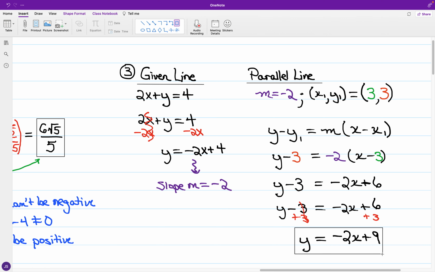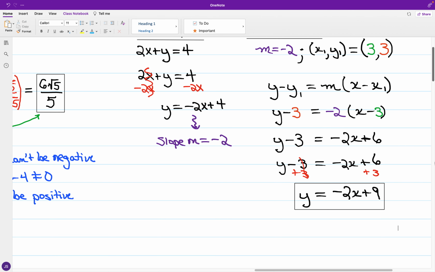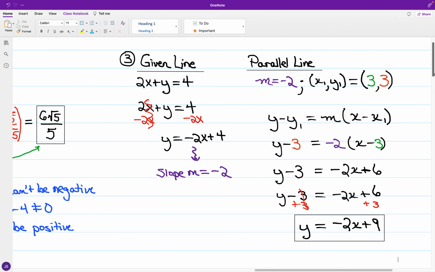So this will be the slope-intercept equation. Notice I had created a little bit of a misstep. Whenever you come to the slope-intercept, you can always go back and check the slope-intercept form of this equation.